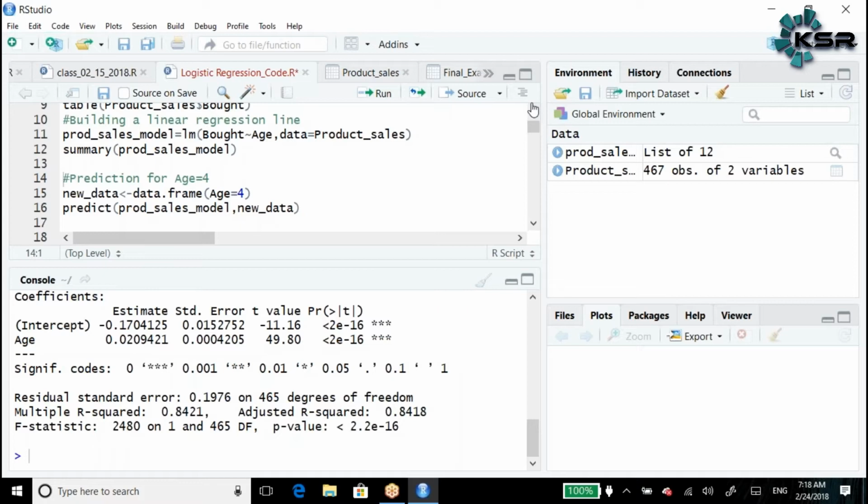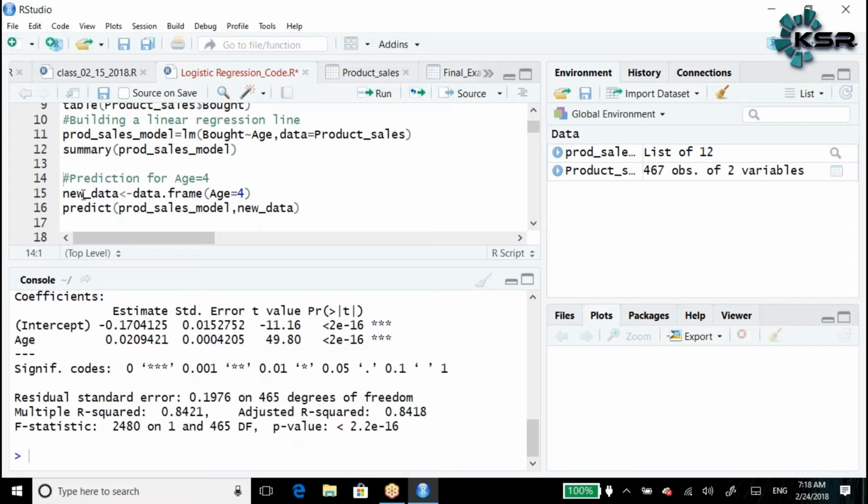What is the ideal probability value? It ranges from 0 to 1, right? Is it possible to have probability values in the negative? No. Is it possible to have probability values more than 100%? Not possible at all. Now let me go with a small example.